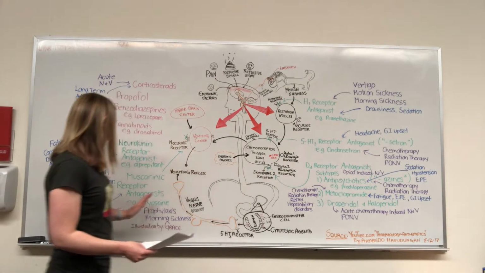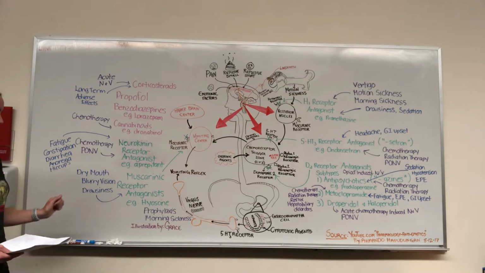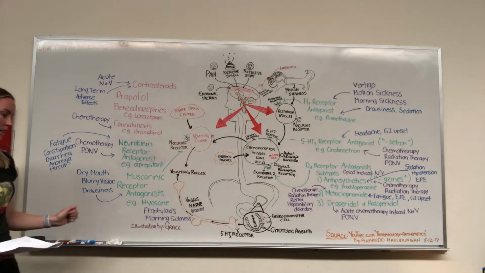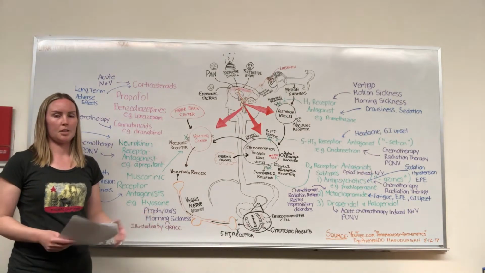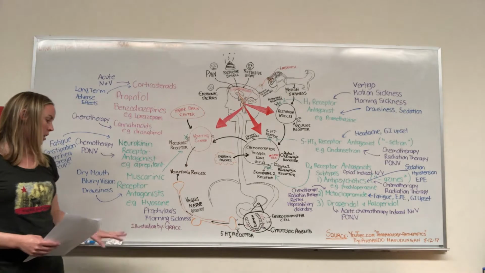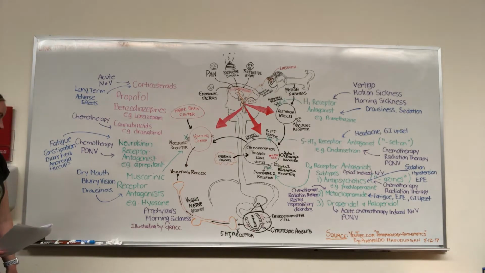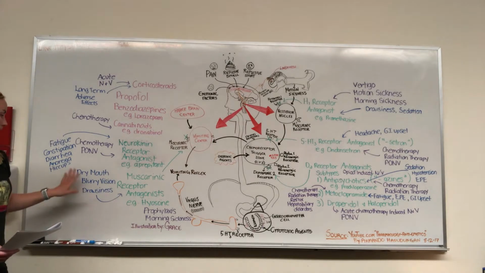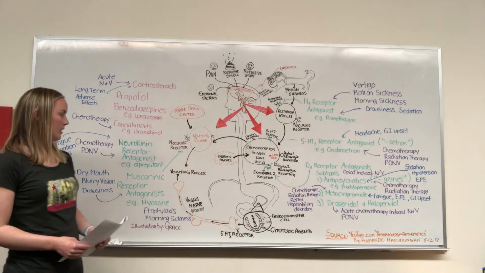Moving on over here, we have our muscarinic receptor antagonists, and these are primarily used for prophylaxis prior to chemotherapy administration or morning sickness to treat that. And these have dry mouth, blurry vision, and drowsiness as the most common side effects.